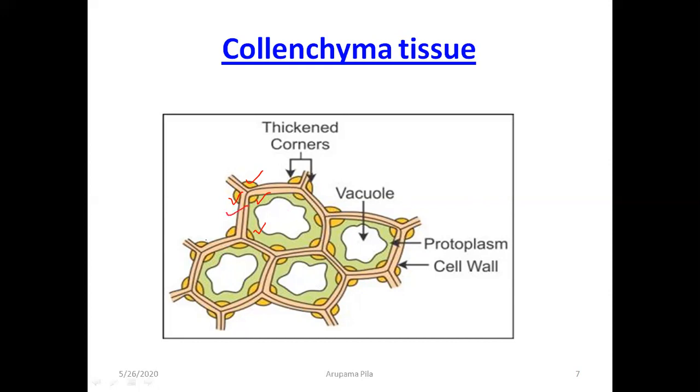You can see this is one cell and this is another cell, so the space between the cells is about negligible. Here you can see thickened corners, and this is a big vacuole present inside it. Then this is protoplasm. Protoplasm is the combination of cytoplasm and nucleoplasm, and then this is the cell wall. Fine. So this is about the structure of collenchyma tissue.